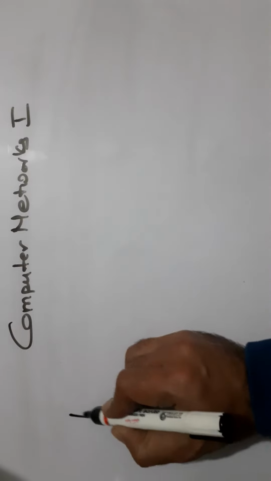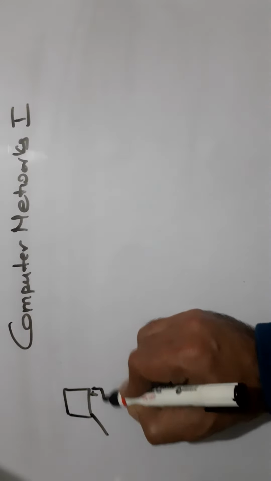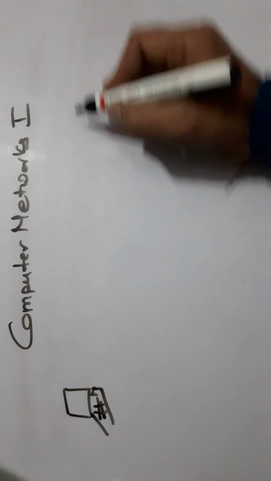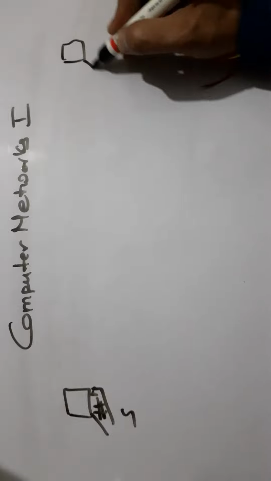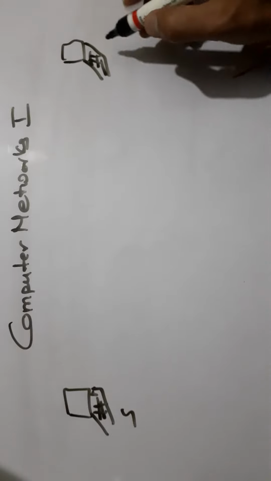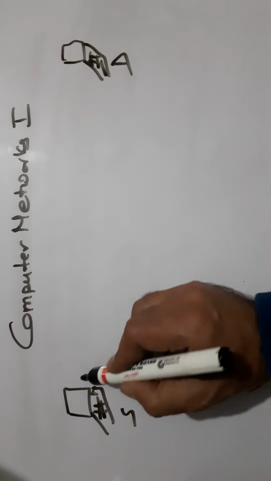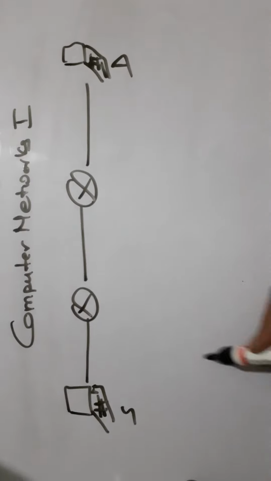So here we have a computer, and this is the source one. This is the destination, and these 2 end systems are connected with 2 routers, as we have already mentioned in the question, and there's a message of size 8 into 10 to the power 6 bits long.